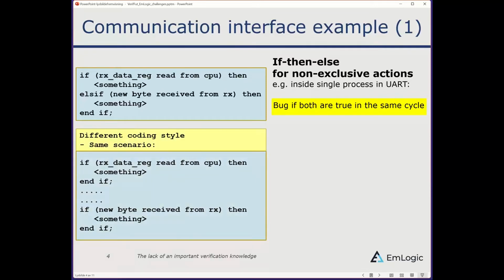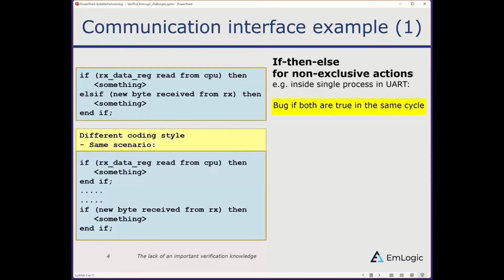But in real-life code, you will probably write this in many different ways. For instance, if you have a huge process, this is VHDL, but it applies to Verilog as well. In one place in your code, you are checking for the read from the CPU of this RX data register, then you do something.